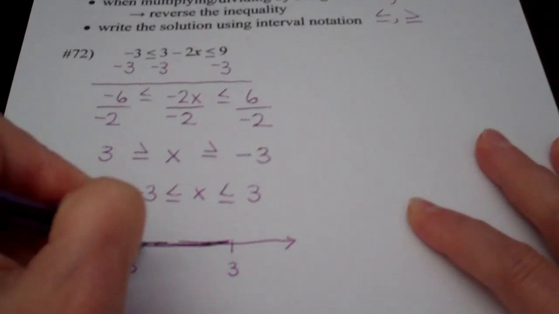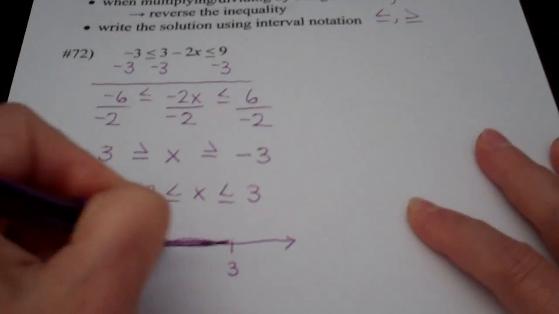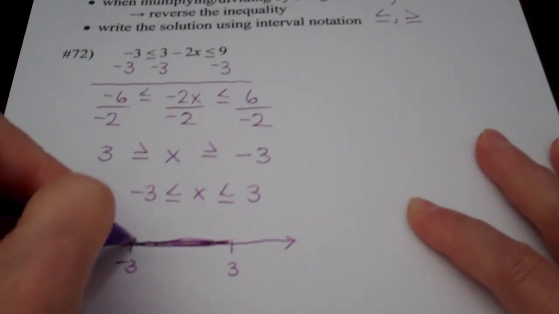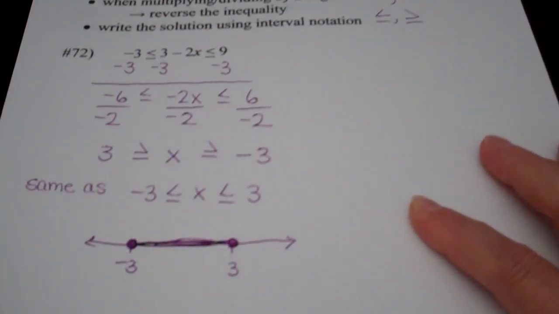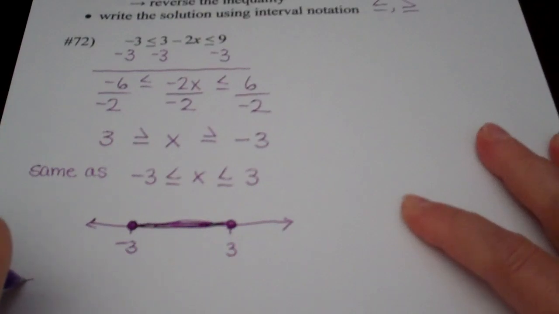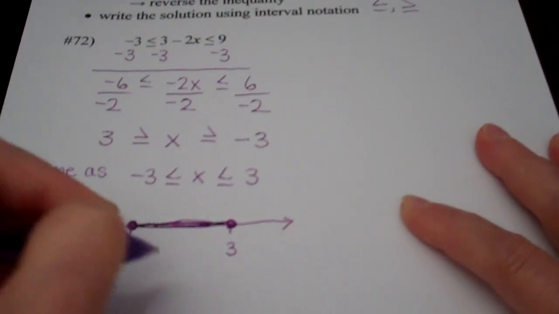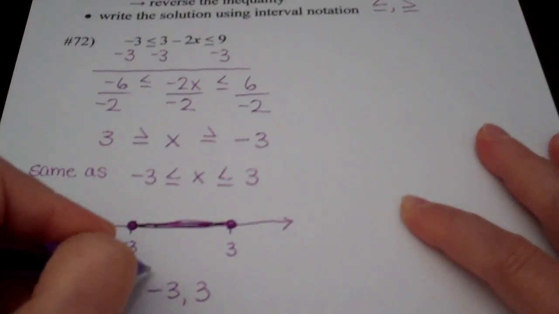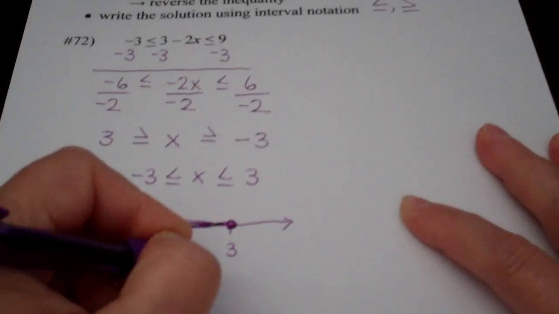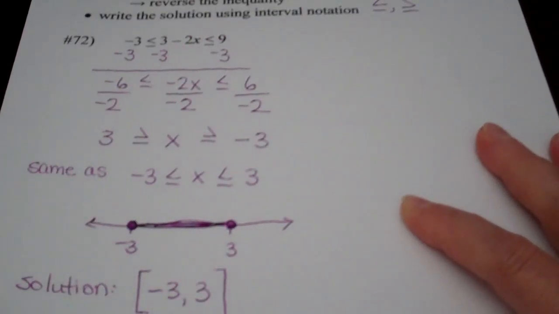They don't cross each other, they join each other because it's an and. The equals bar underneath tells us that -3 and +3 are included in the solution. So our final answer, we're going from -3 to 3. And because we're including the endpoints, we'll want to use the square brackets.